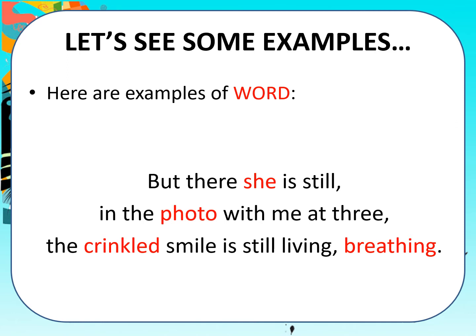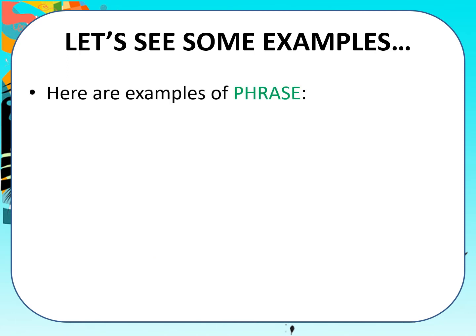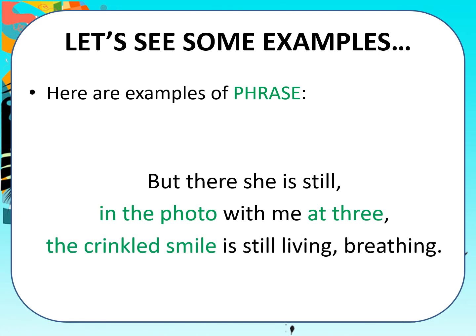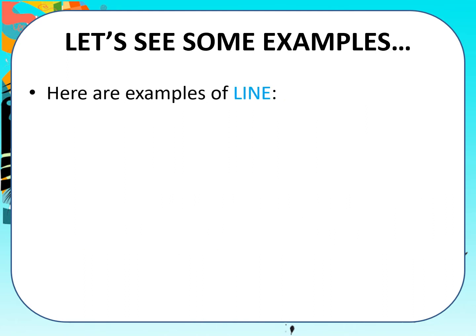Now let's look at examples of phrases. Look at the green ones. In the photo, at 3, the crinkled smile. If you only take photo, then it's a word. But in the photo, there are 3 words there. At 3, 2 words. So those are phrases.